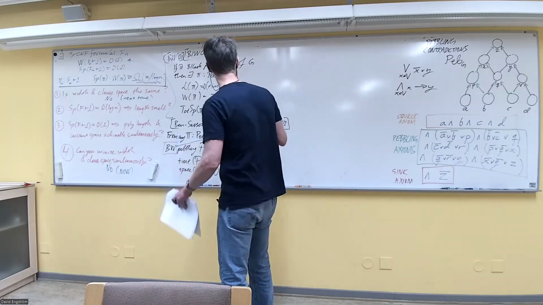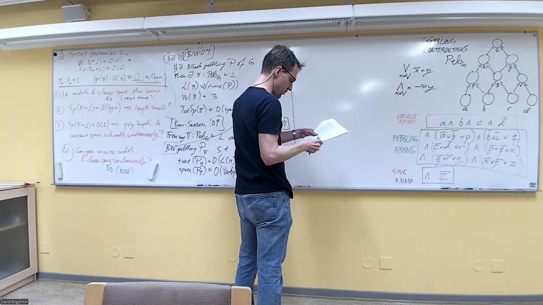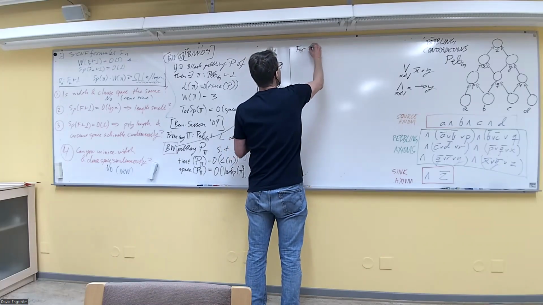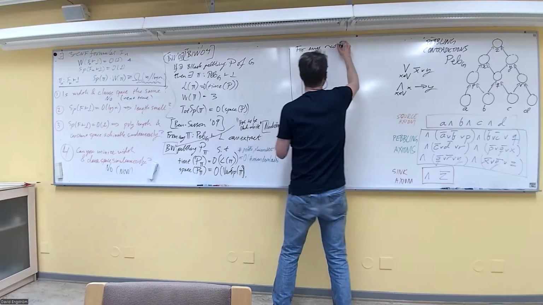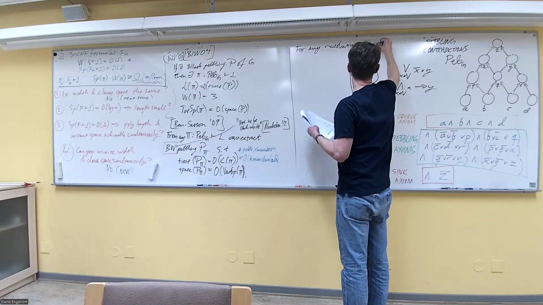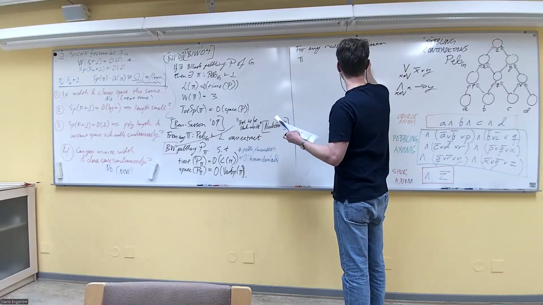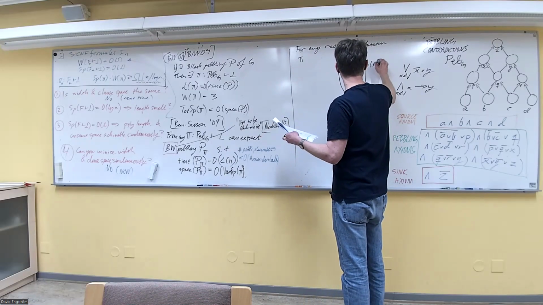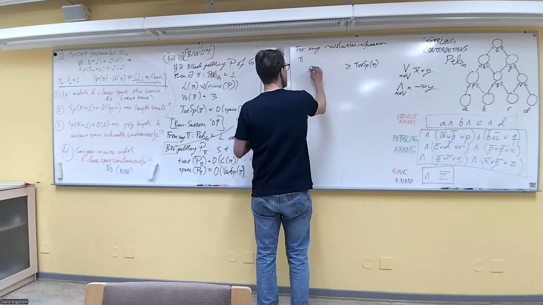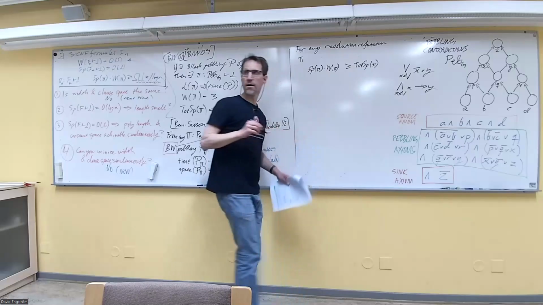Okay, so how am I going to show this? It's not too bad. Firstly, let me just make an observation that for any resolution refutation pi, I'm interested in the total space of pi. And I claim that this is at most the clause space of pi times the width of pi.